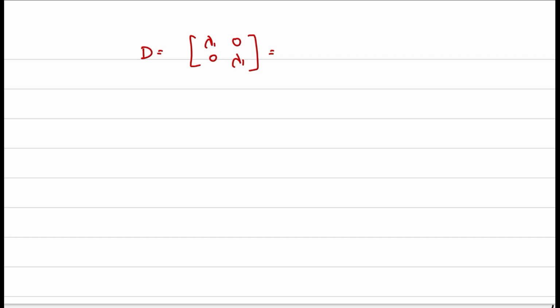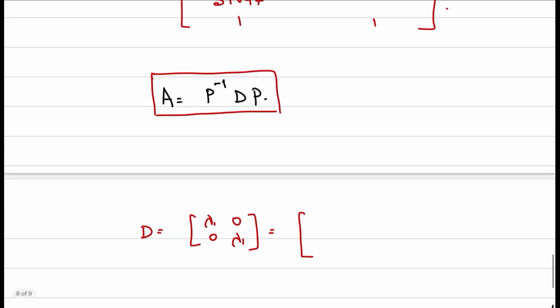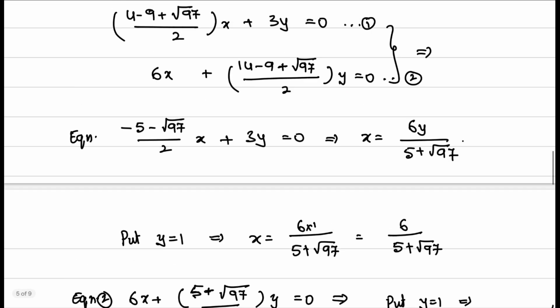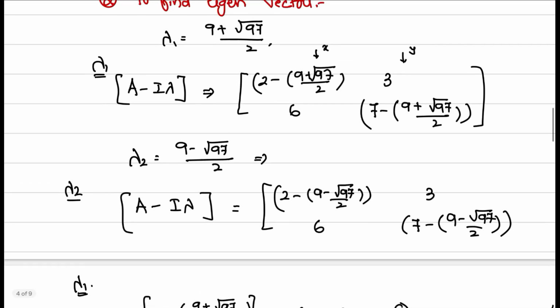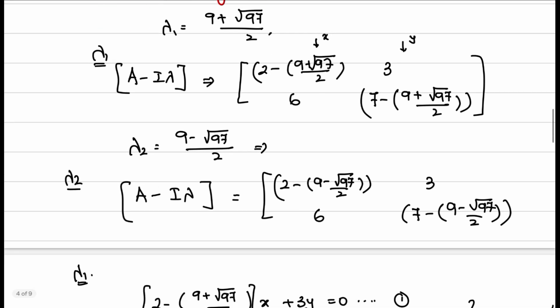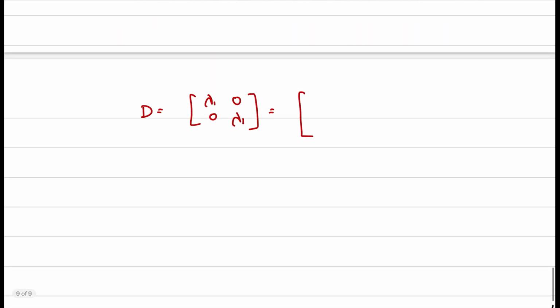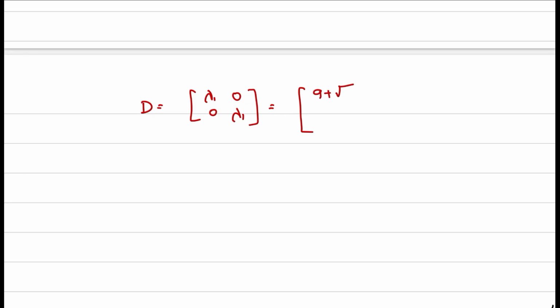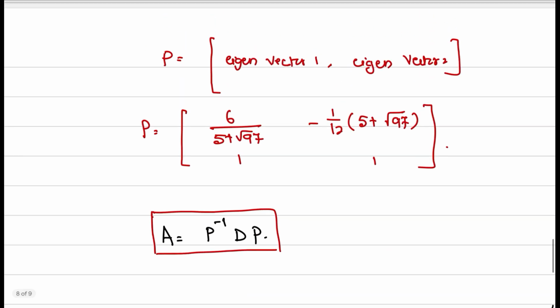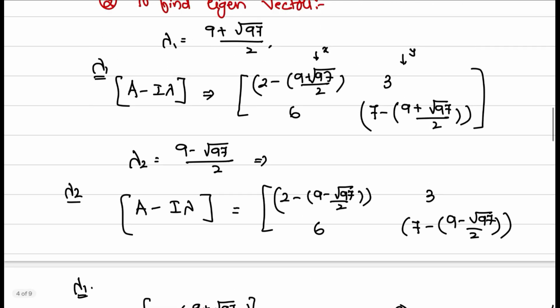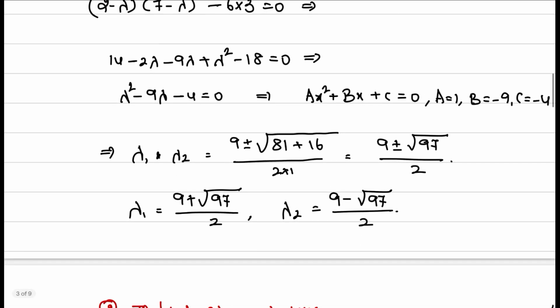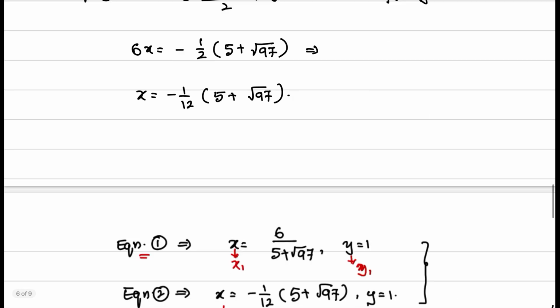Hence D is, what is lambda 1? Lambda 1 is 9 plus square root of 97 divided by 2, then 0 and 0. What is here? It is lambda 2. We have already got 9 minus square root of 97 by 2.